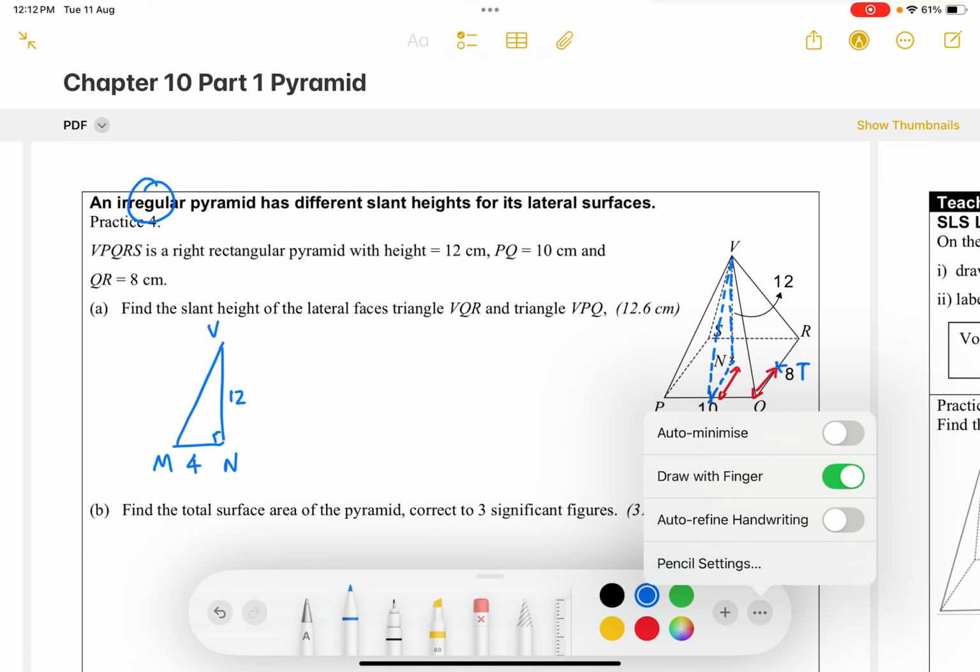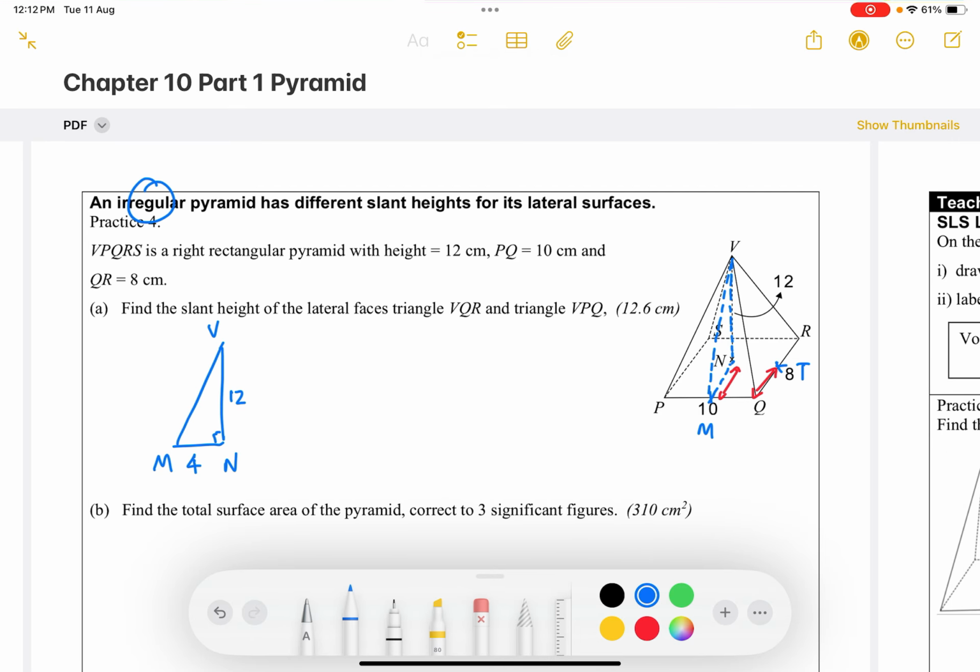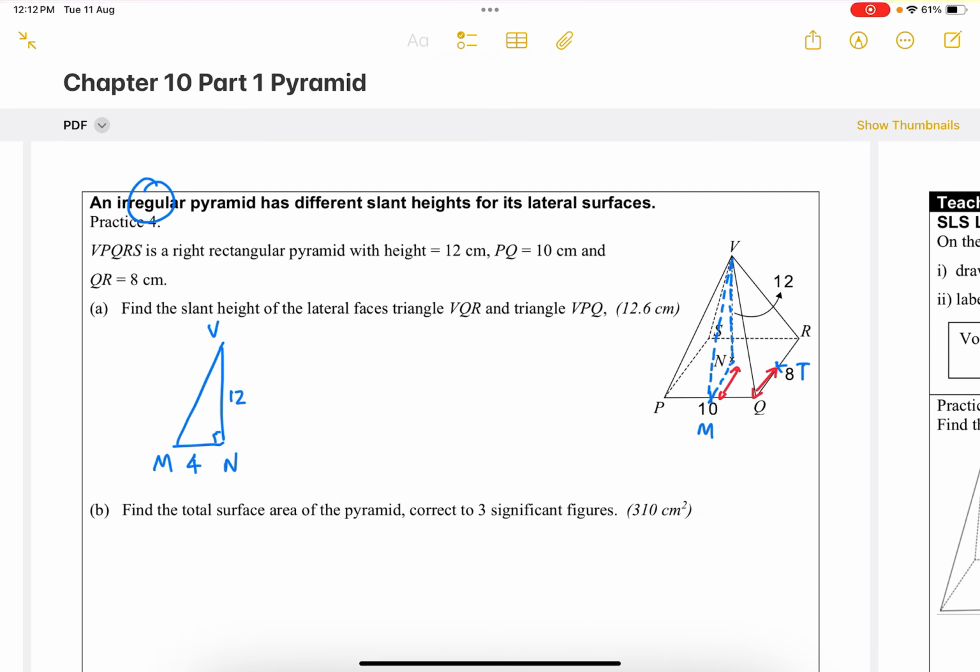And now we have our right angle triangle. We just need to find VM. So by Pythagoras theorem, our VM will be the square root of 4 squared plus 12 squared. So square root of 160 gives us 12.649.